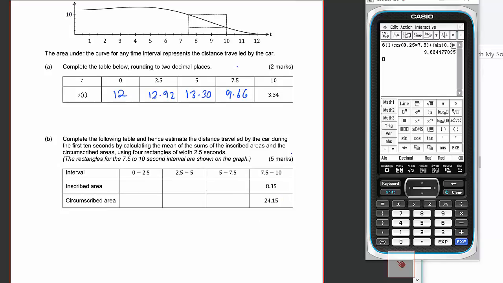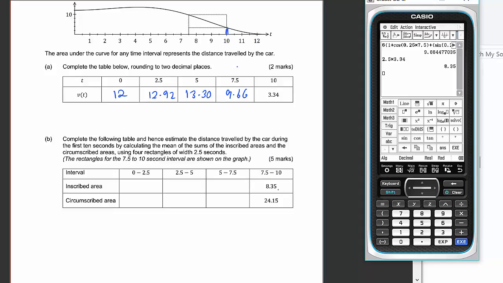Now this 8.35 I think uses this rectangle, so it's using the height at 10. So let's just try that. The width of that is 2.5, so we're doing 2.5 multiplied by 3.34, and that does give us 8.35.